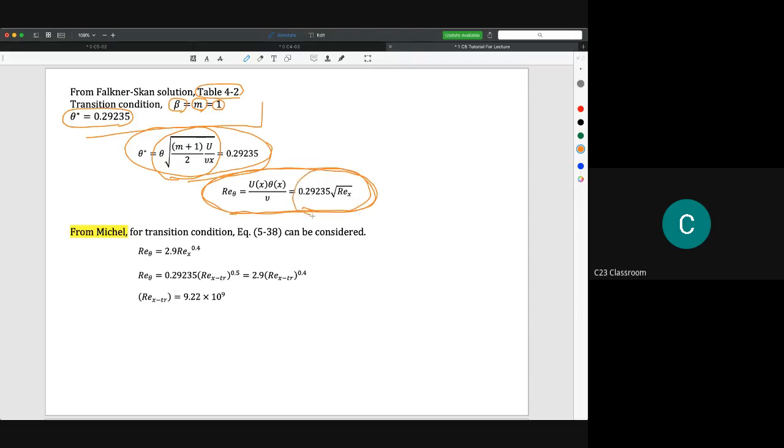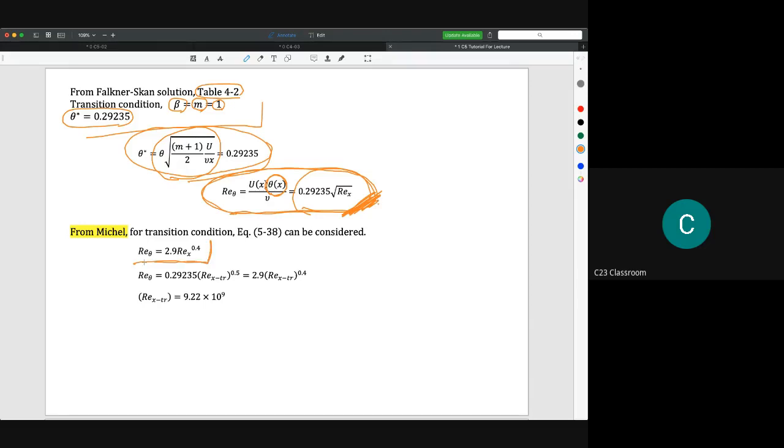Again, I hope you could try to substitute the value of theta here and get this value. And from Michel, the transition condition can be considered as this one.